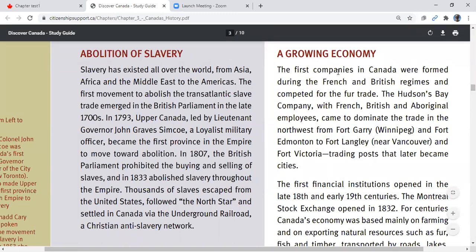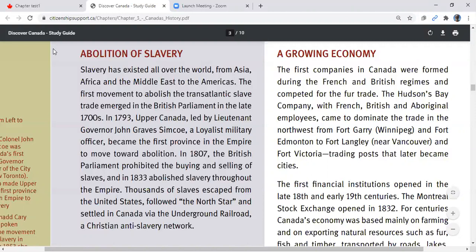Okay. Abolition of slavery. Slavery has existed all over the world, from Asia, Africa, and the Middle East to the Americas. The first movement to abolish the transatlantic slave trade emerged in the British Parliament in the late 1700s.